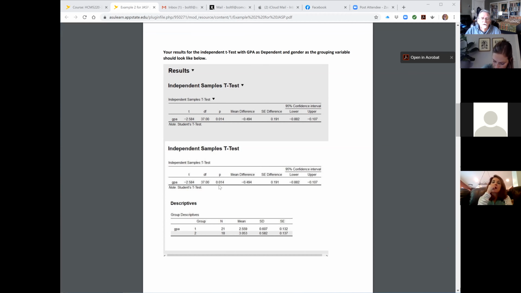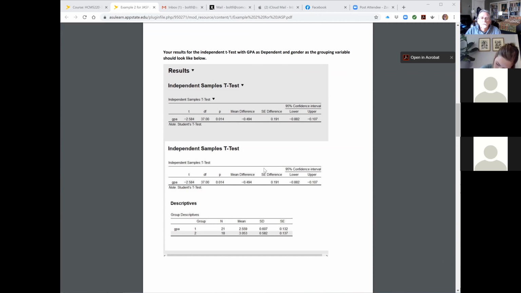But it'll be one of those two things generally speaking, p or sig. So you said the standard p-value is 5%? 0.05. 5%, 0.05. So anything below 0.05 is going to be significant.